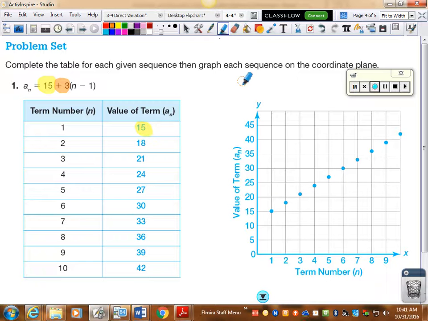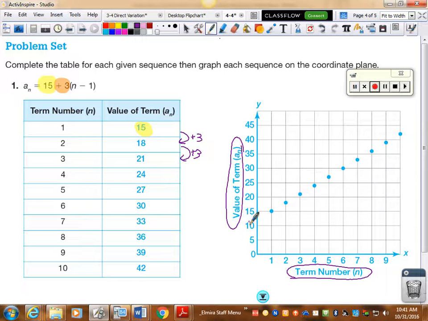So to get my subsequent terms, I'm adding 3 plus 3. So 15 plus 3 is 18. 18 plus 3 is 21, and so on and so on and so on down the table. Then you're going to take this table and graph it. Make sure you are labeling things like the axes with words and numbers that make sense.